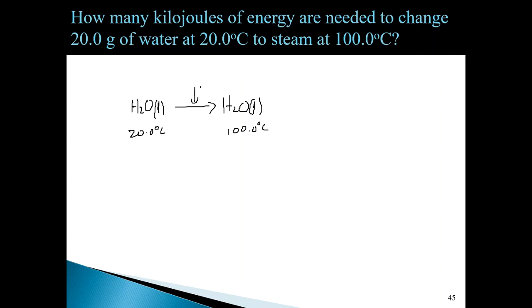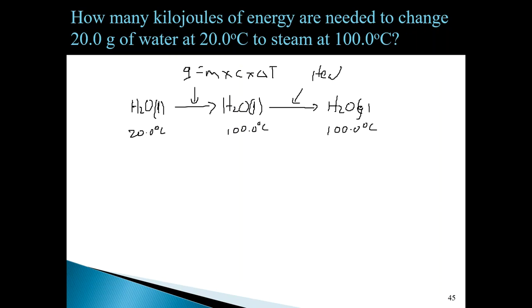This is another Q equals M times C times delta T equation that you're going to need to calculate that heat. And then to go from this to H2O gas at 100.0 degrees Celsius, this is going to require the heat of vaporization.